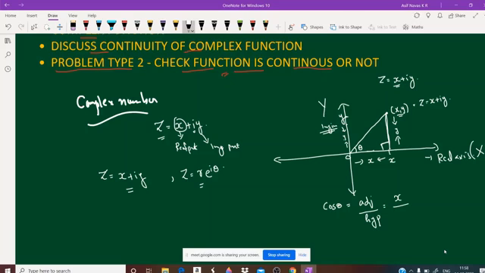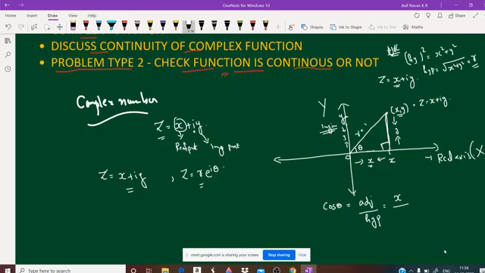This is a right triangle, so by Pythagoras theorem, hypotenuse square equals base square plus altitude square, so x square plus y square. So the hypotenuse is root of x square plus y square, and we represent that by r.